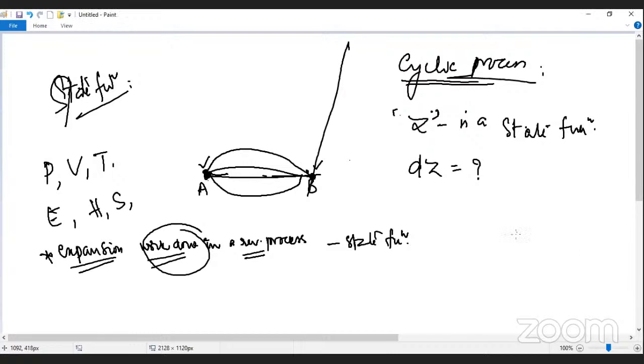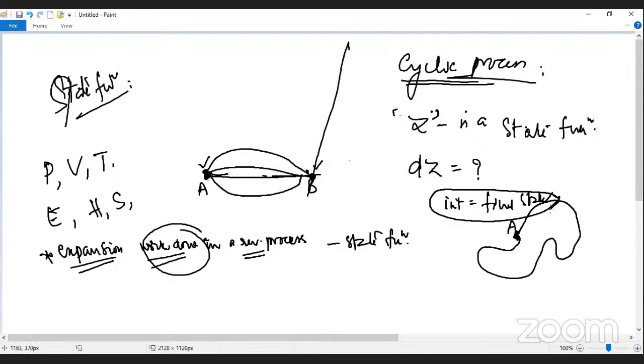I am taking a system at this point A, and that system is operated in this cyclic process like this. Cyclic in the sense that ultimately the initial state is reached. So for a cyclic process, the initial state and the final state are always equal, right? Yes, sir.